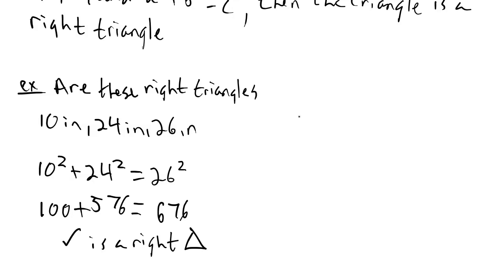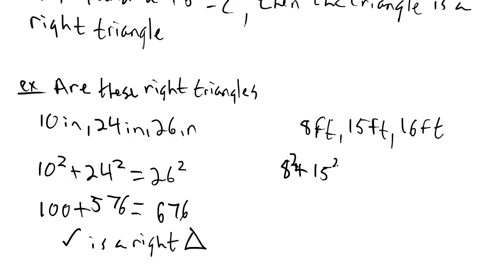Okay. What about if we had 8 feet, 15 feet, and 16 feet? How would we check if that was a right triangle? Well, we do the same thing. We'd put these into Pythagorean's theorem. Is 8 squared plus 15 squared equal to 16 squared?